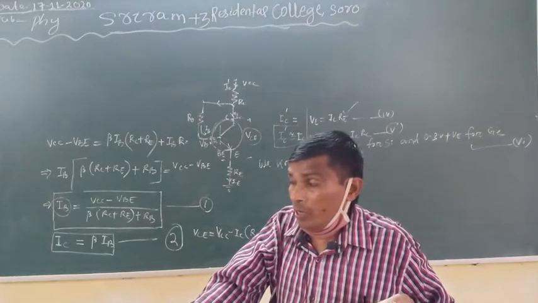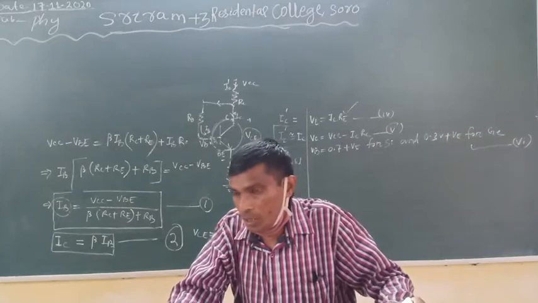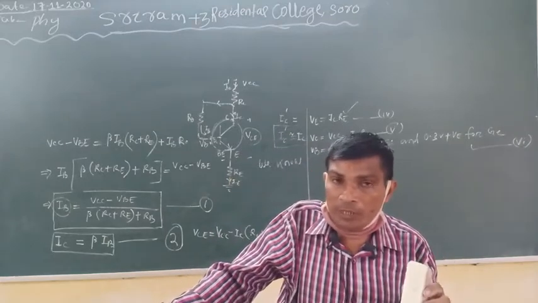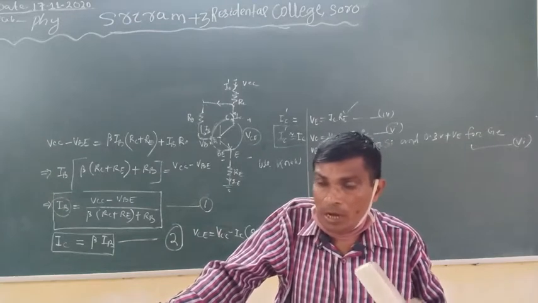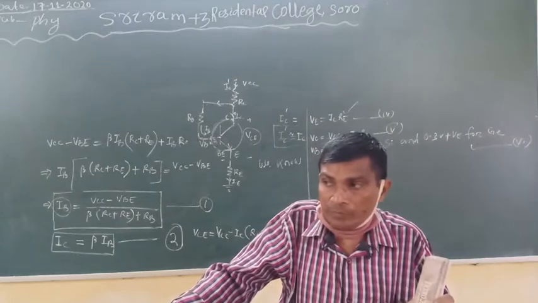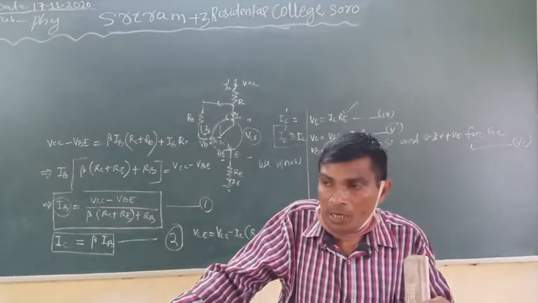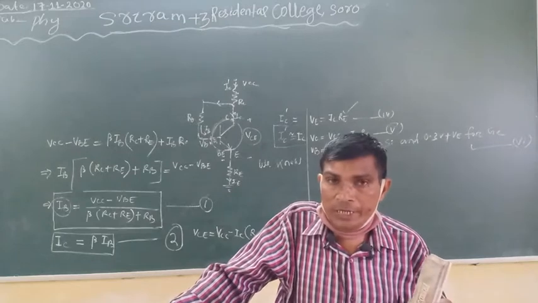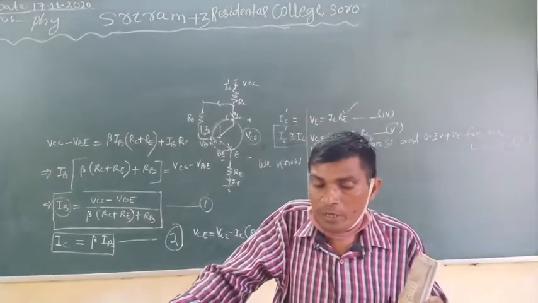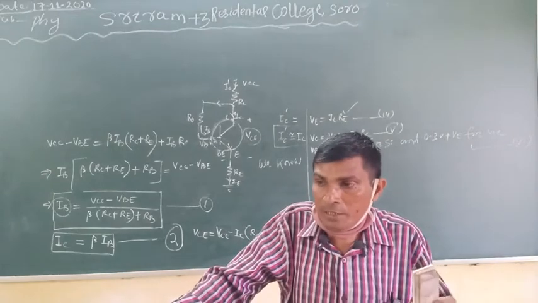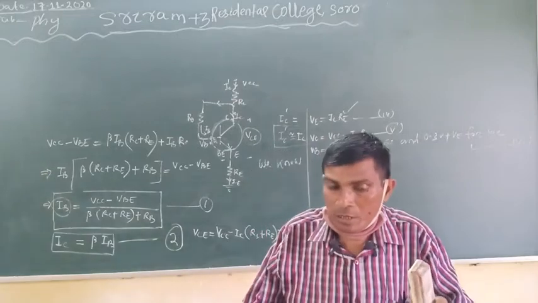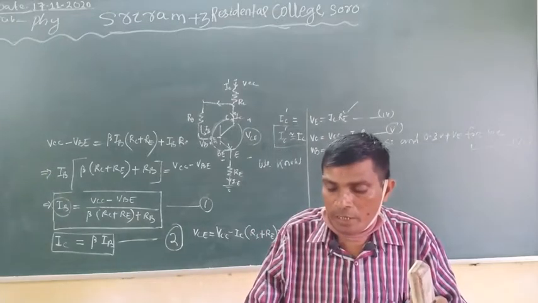We calculated the zero signal collector current, zero signal base current and zero signal base emitter junction voltage, and analyzed all voltages at the base point, collector point and emitter point. This is the biasing for the transistor, and again we discuss the DC load line.